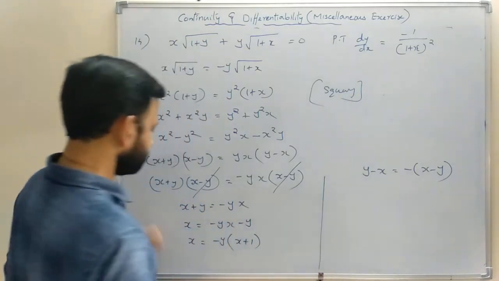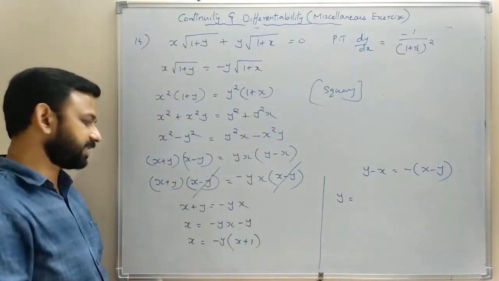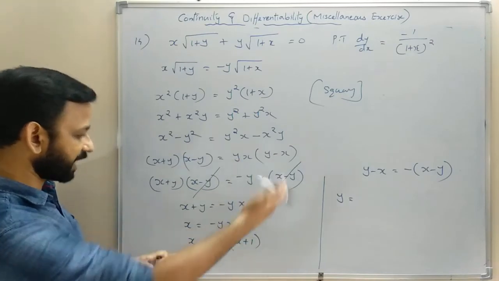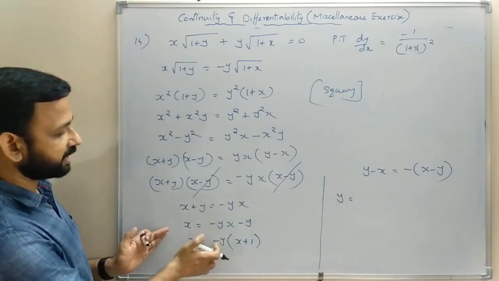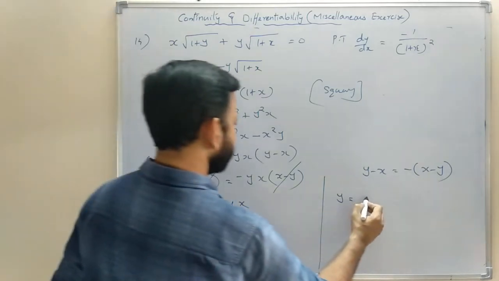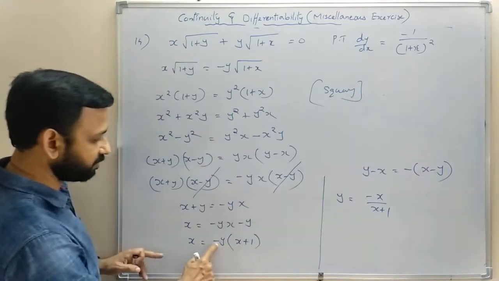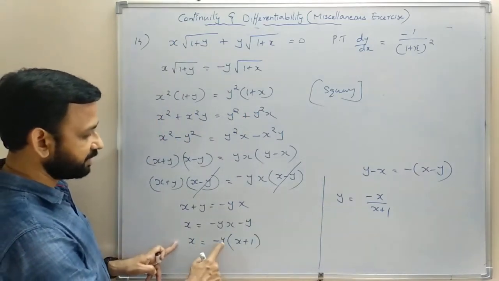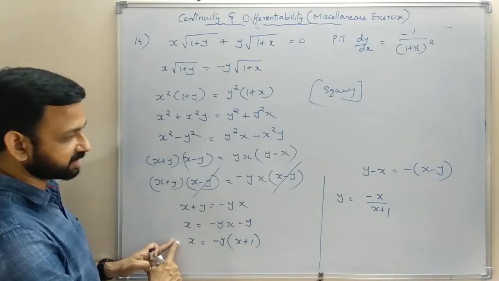Then we will write, therefore y is equal to, we will keep that y that side, then x plus 1 we can take from right to left, so that x plus 1 will go to the denominator, then minus sign also, so we will get minus x upon x plus 1. So y equal to minus x upon x plus 1.